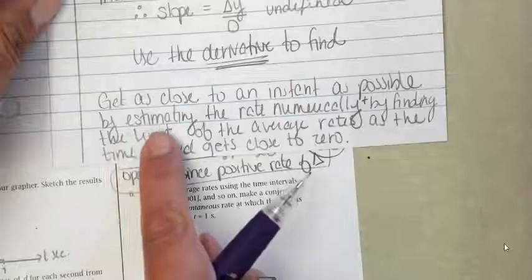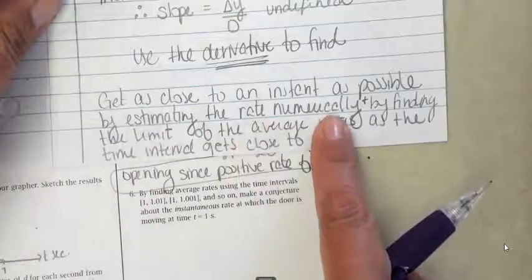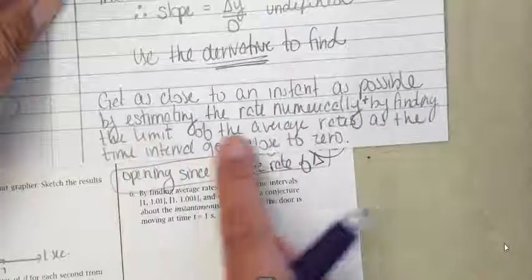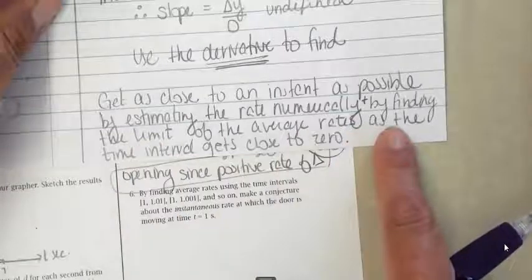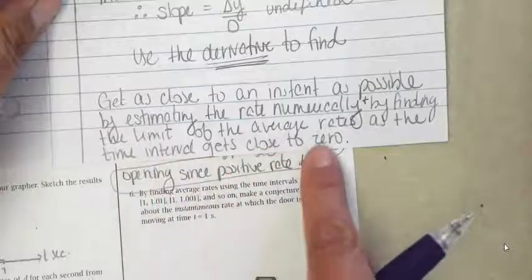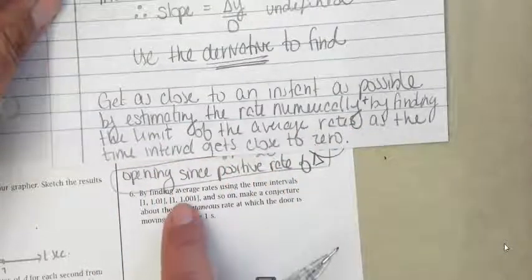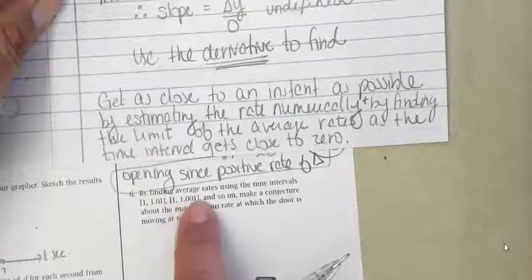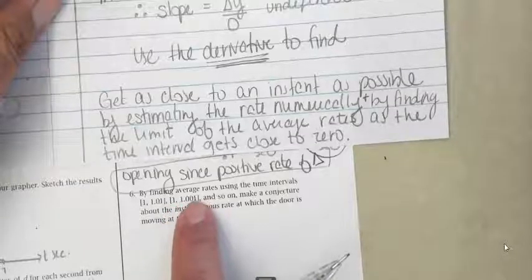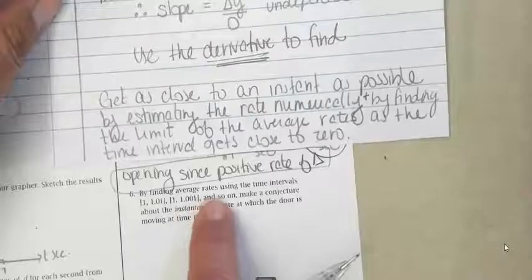We're going to estimate those rates numerically, and then find the limit of those average rates as the time interval gets closer and closer to 0. As we keep adding some zeros in here, we're going to go from thousandths to ten-thousandths to hundred-thousandths if we need to. Let's see what kind of information we get here.